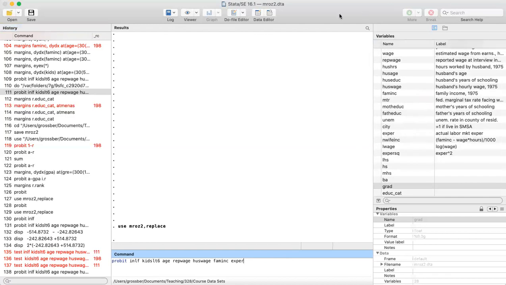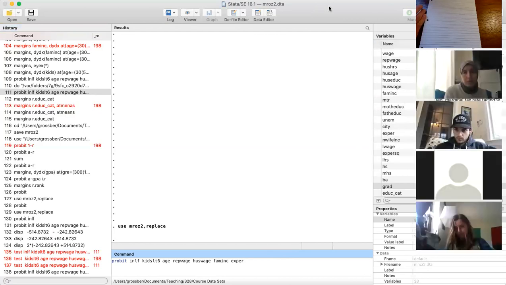So, let's bring it back up here. The first version of this I sent you didn't include this education category variable, but I added that. It seemed easier for me to add it than to explain how to add it.